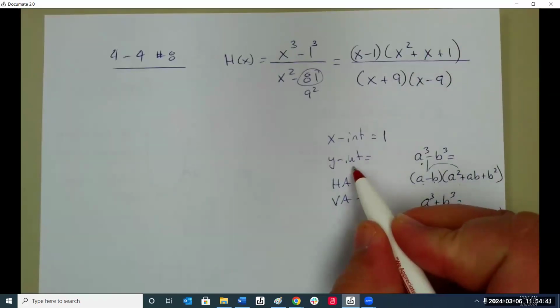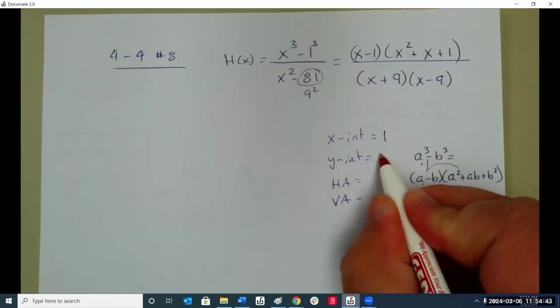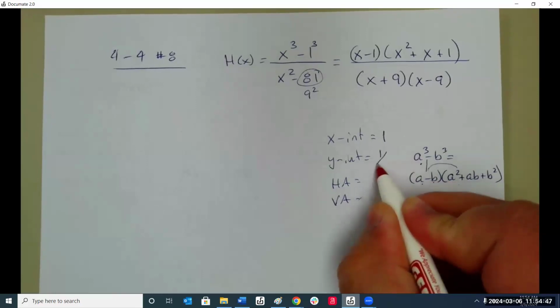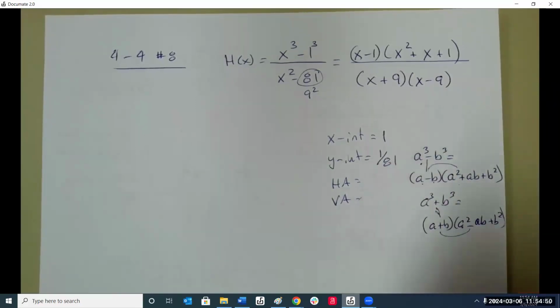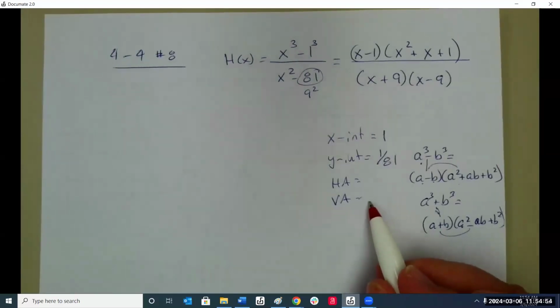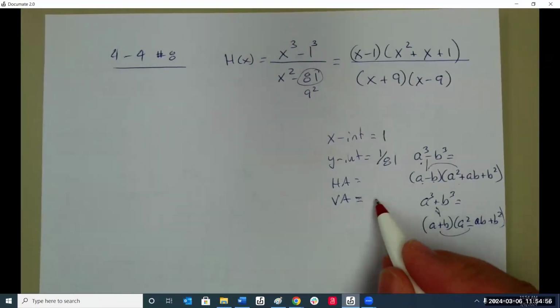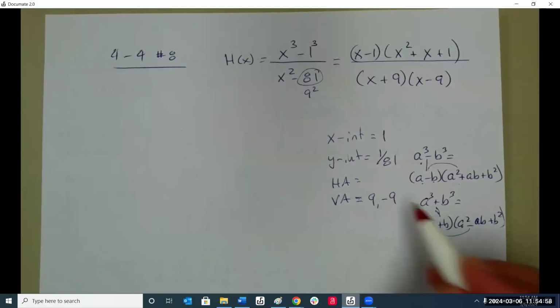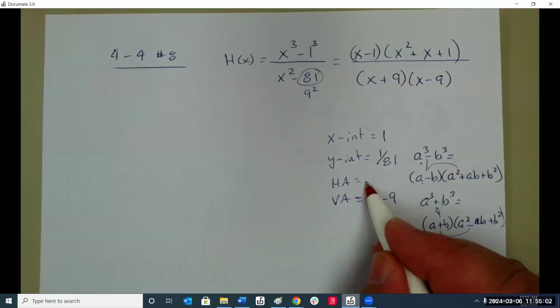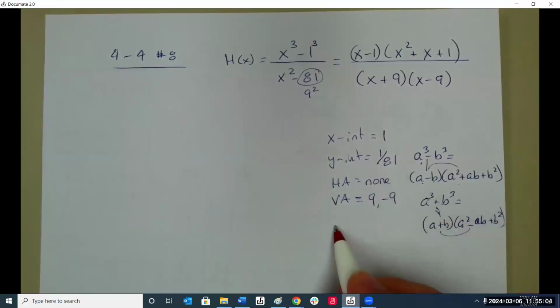The y-intercept is, very good, because they're both negative, they cancel. Vertical asymptote. Horizontal asymptote. We have an oblique.